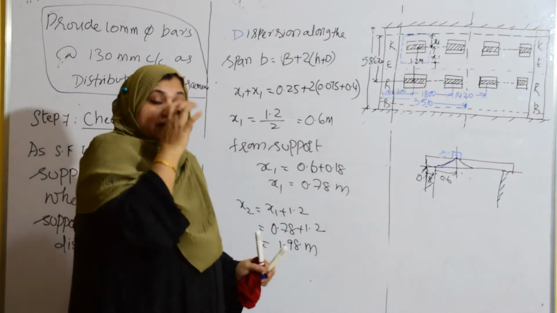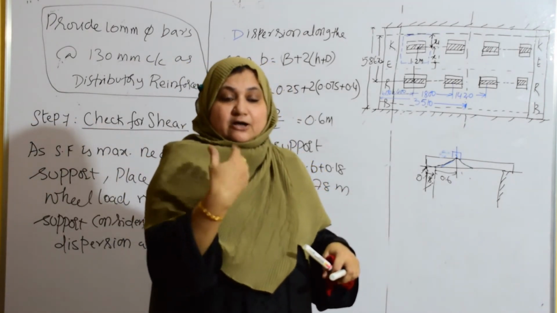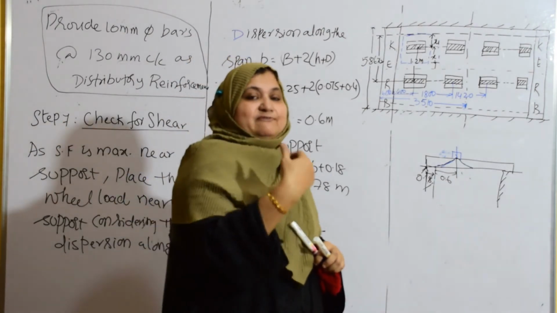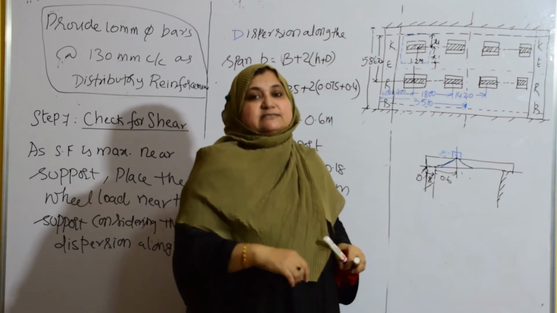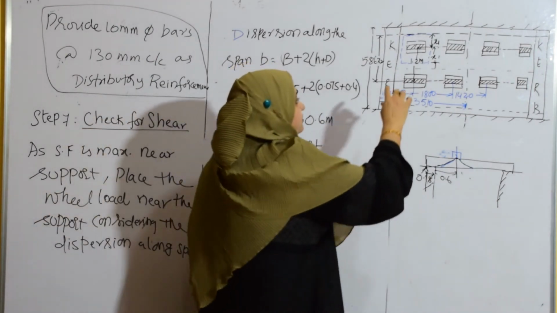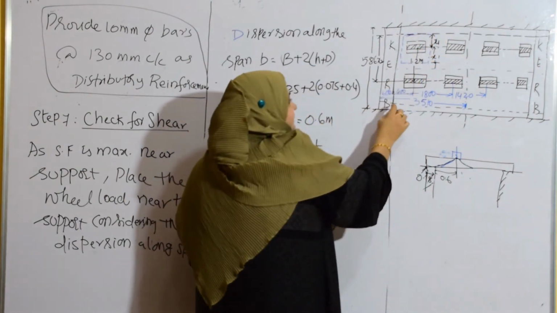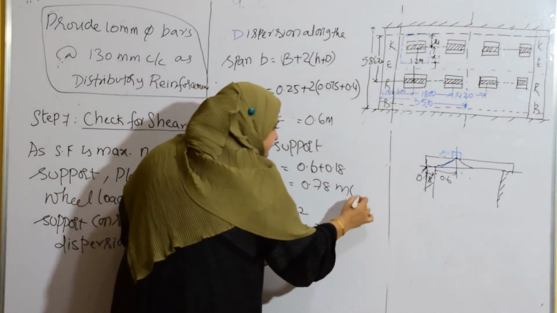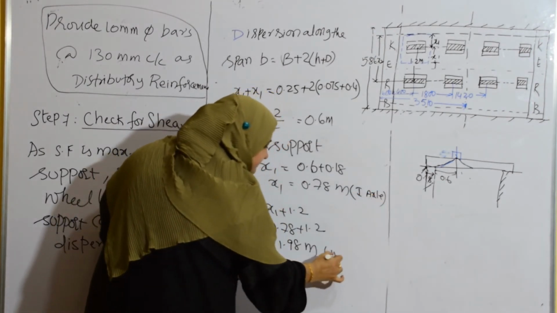There, in the bending moment, the axles were placed symmetrically across the CG of the bridge slab, so it was the same. But here x1 is 0.78 for the first axle and 1.98 for the second axle. Remember this.